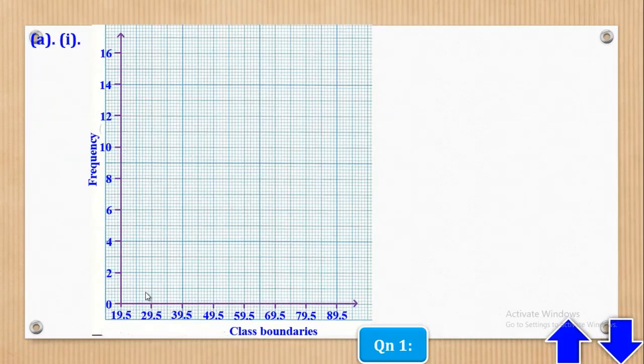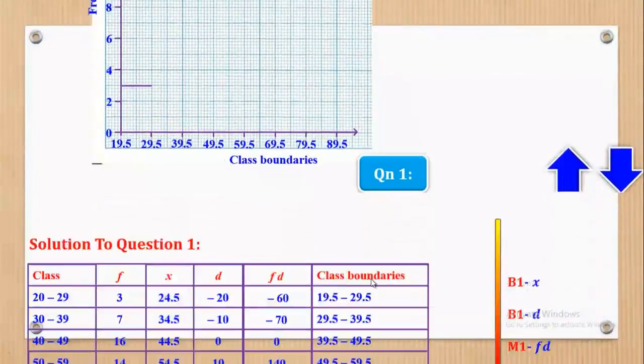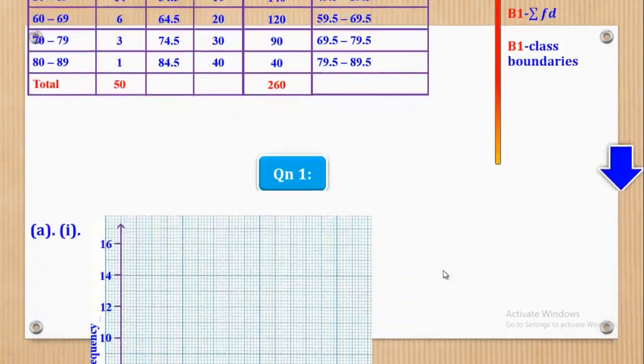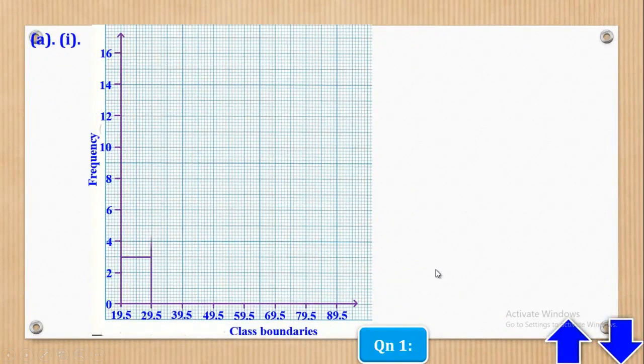So we shall look for 3 on the vertical scale and come up with that bar. Then we shall go to the next class. The next class corresponds to 7, and next corresponds to 16. So we shall go with the one for 7 and another one for 16, which is that.